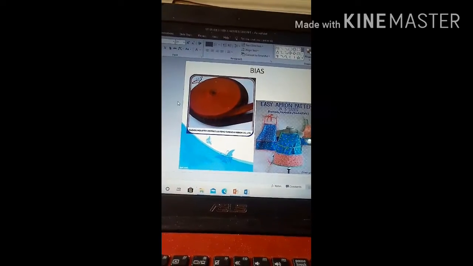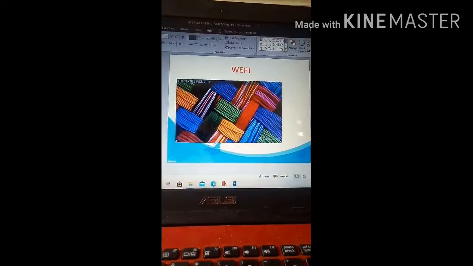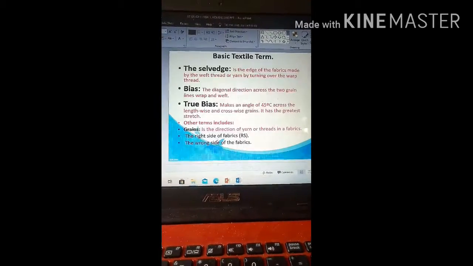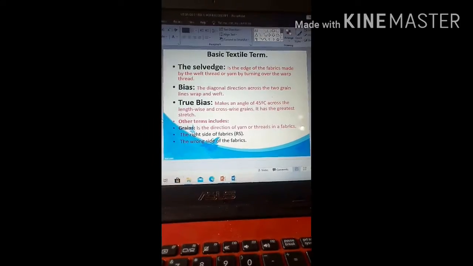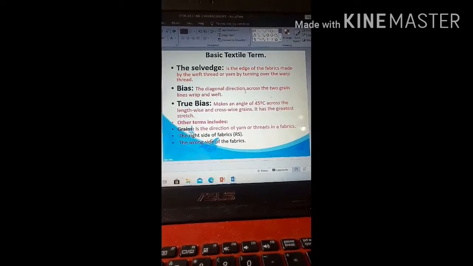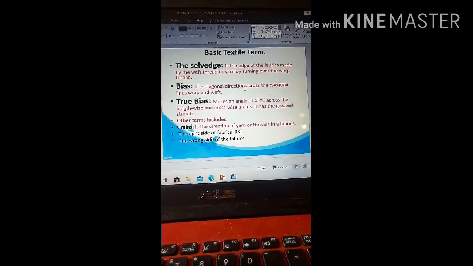Then bias. What is bias? Bias is the diagonal direction across the two grain lines, that is the warp and the weft.